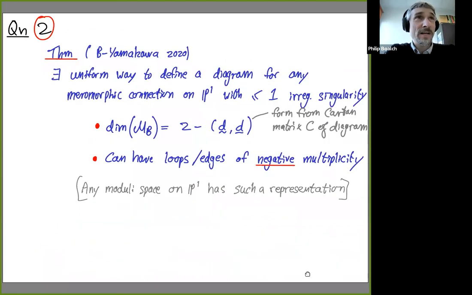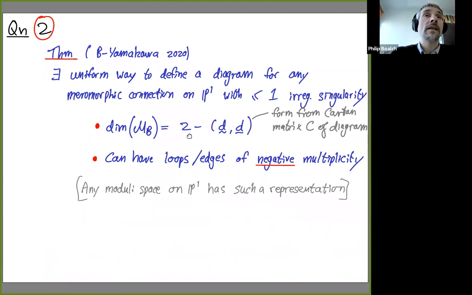Okay, so question 2, the answer is that there's a uniform way to define a diagram, for an arbitrary connection with just one irregular singularity on P1. The point is that we now understand what happens in the twisted case as well, where your grading has these twists.